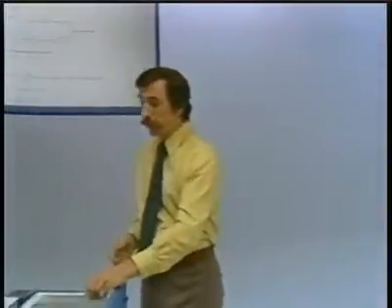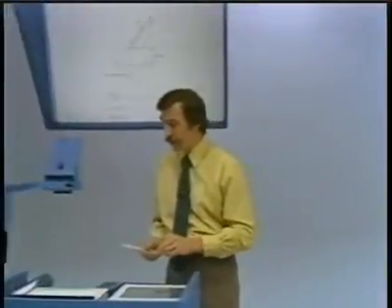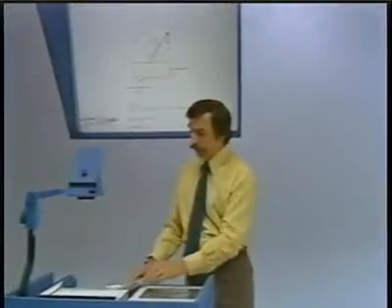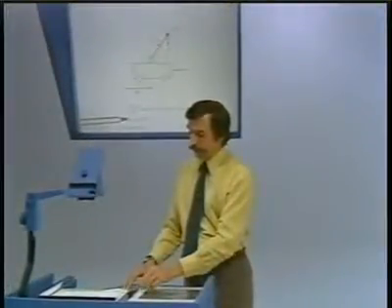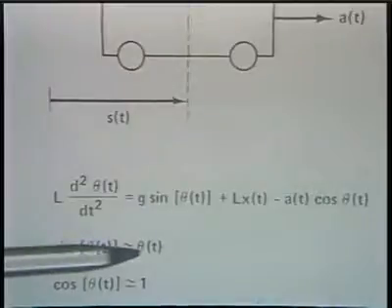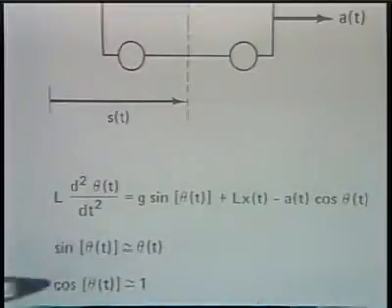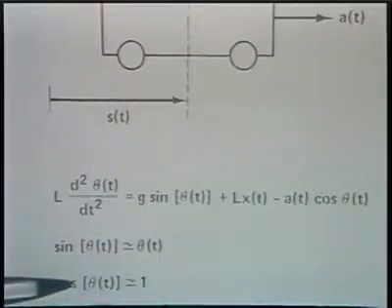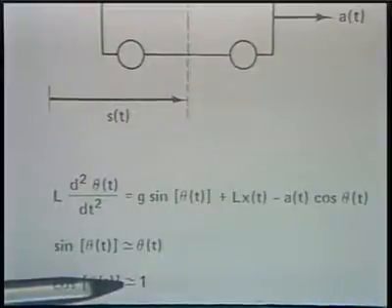And our analysis, because we're linearizing the equations, will obviously depend on that. So making the assumption that the angle is small, we then assume that the sine of the angle is approximately equal to the angle, and the cosine of the angle is approximately equal to 1.